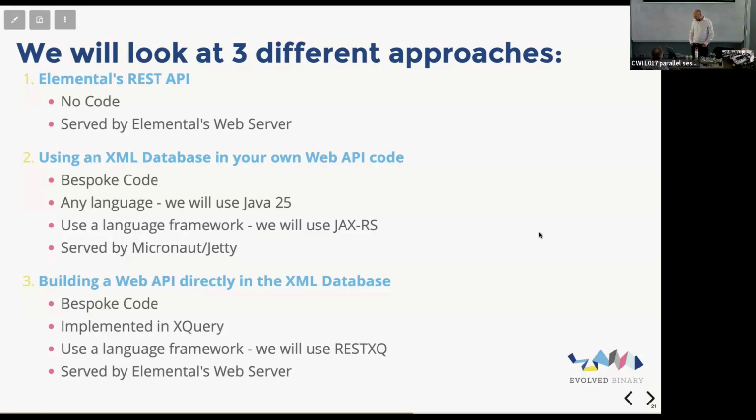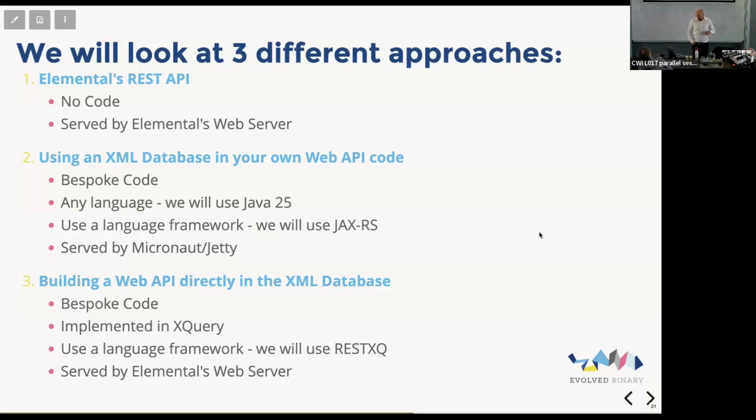So I've built a web server in Java that provides our web API, and then it embeds Elemental as a library and provides an XML database to store, retrieve, and update the documents. So we'll look at that. I've tried to make these quite simple and straightforward, so hopefully it's things that people can use or learn from.